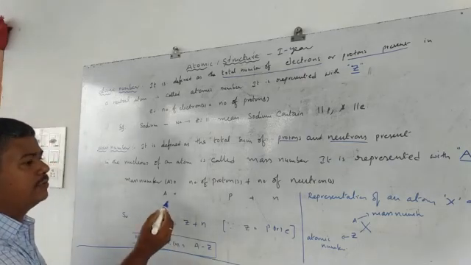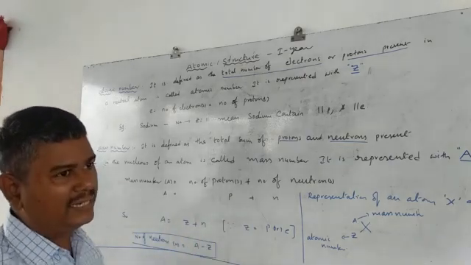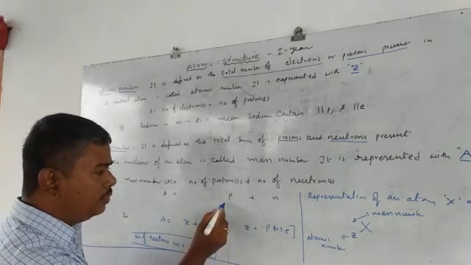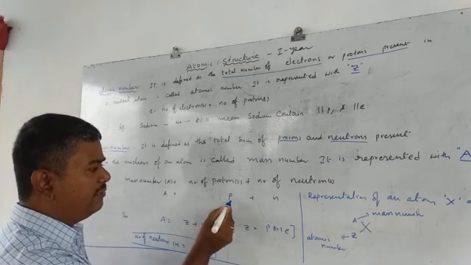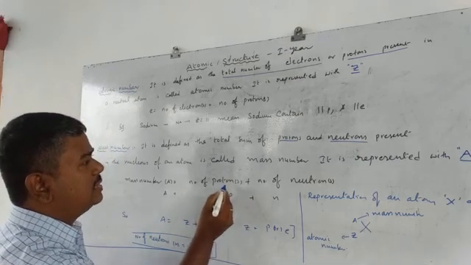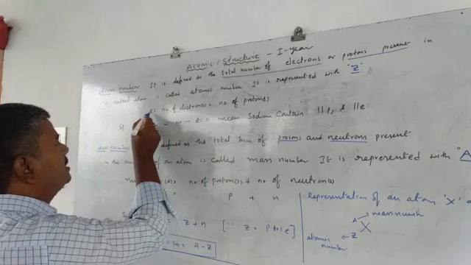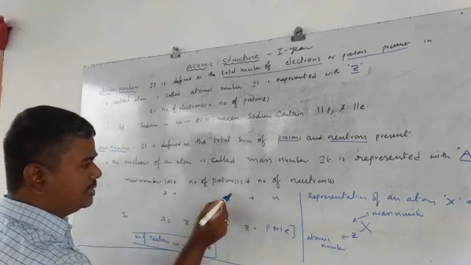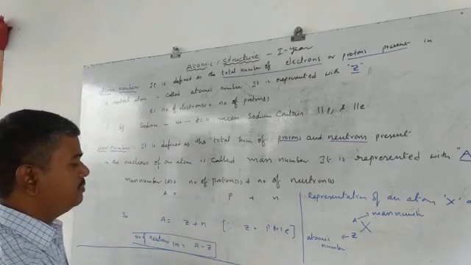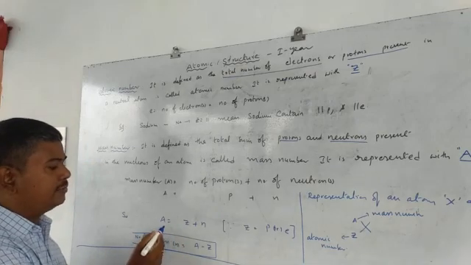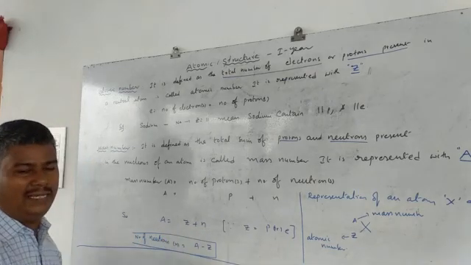So A equals P plus N. We already know the number of protons equals the number of electrons, which is considered as the atomic number. So instead of P, I write Z. So A equals Z plus N.